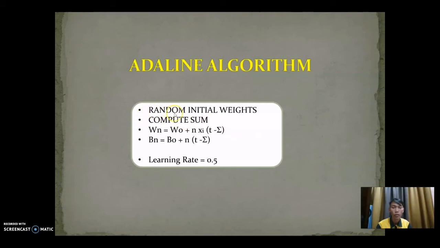First we need to initialize the random initial weight, then compute sum, and then we need to calculate the W new. This is the formula for W new: W old plus n times x times T minus sum. This is also the formula for the B new, and the learning rate is 0.5.